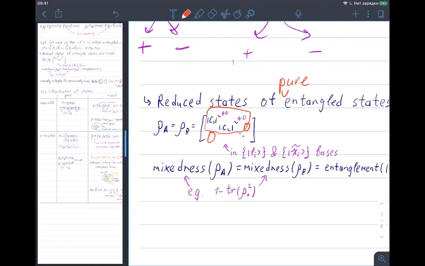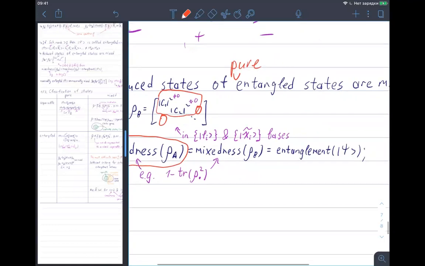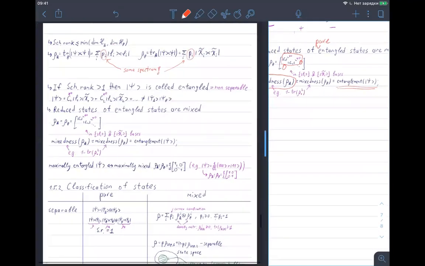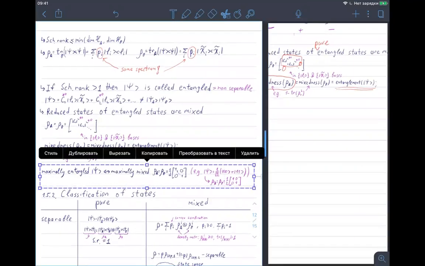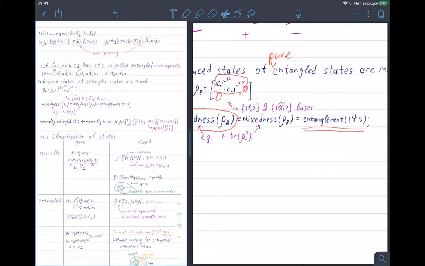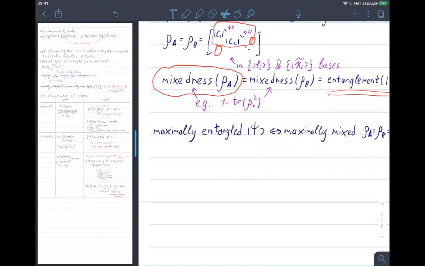Actually, the mixedness of your reduced state is a measure of your entanglement. The more your reduced states are mixed, the more your pure state is entangled. What is called a maximally entangled state is a state where your reduced states are maximally mixed, that means they are proportional to the identity matrix.